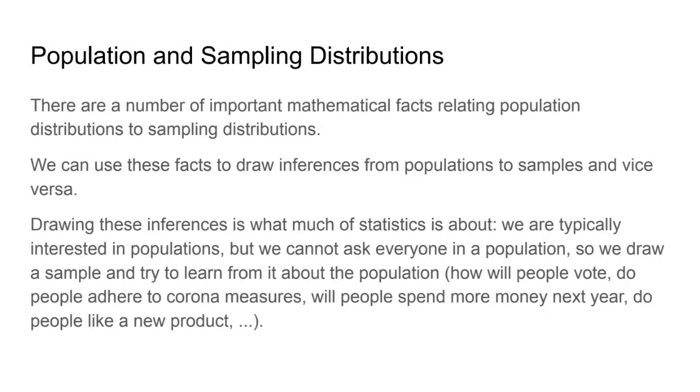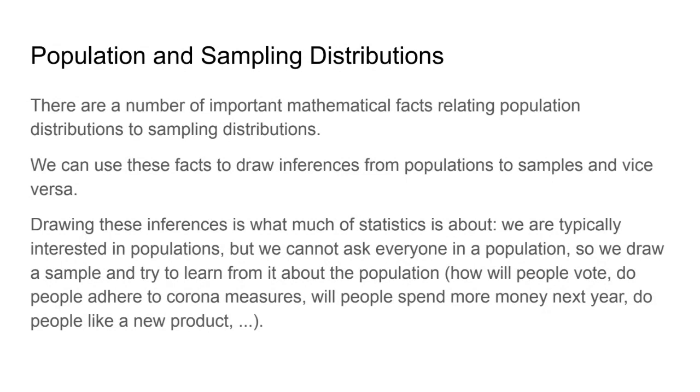These facts are very important because they allow us to draw inferences from population to samples and vice versa. Now, why is it important to be able to draw inferences from populations to samples and the other way around? Well, this is basically what statistics is about for a large part, right?